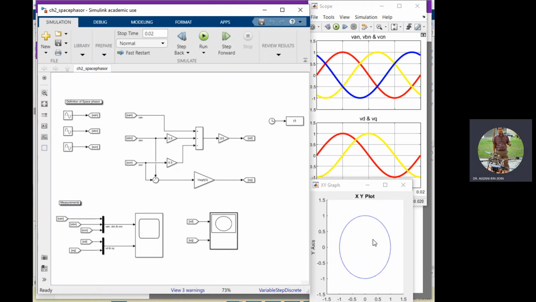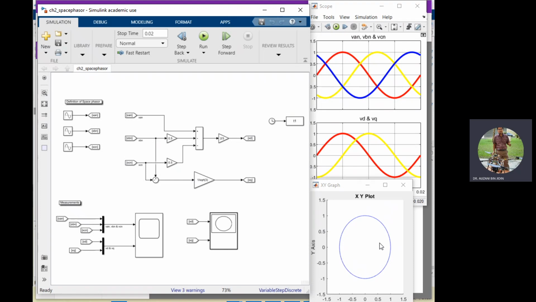Where the radial component of the locus is 1. Because you set the amplitude of the phase voltage VAN, VBN, VCN for this case to be 1. So let's say I try to change the sequence of the voltage.